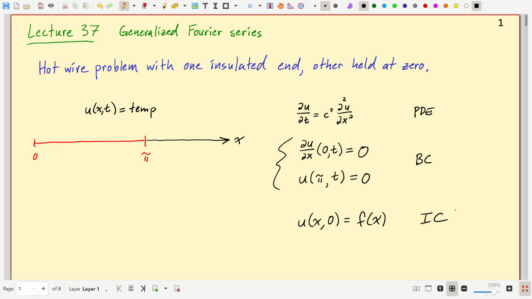I've already mentioned this one. I kind of gave you homework problems related to this, of the hot wire problem with one insulated end. And we've been doing separation of variables.